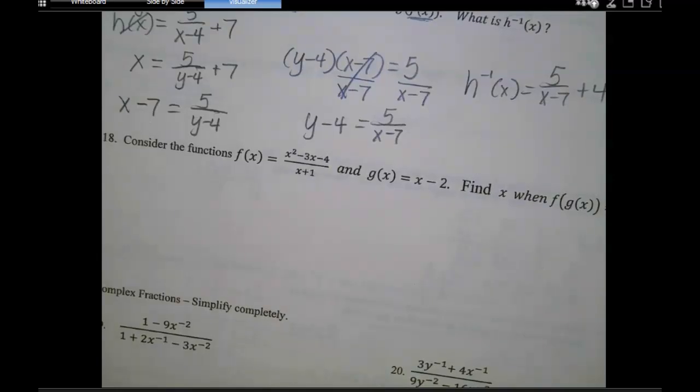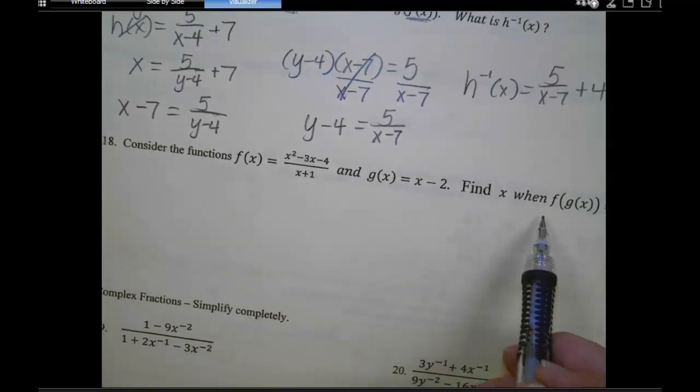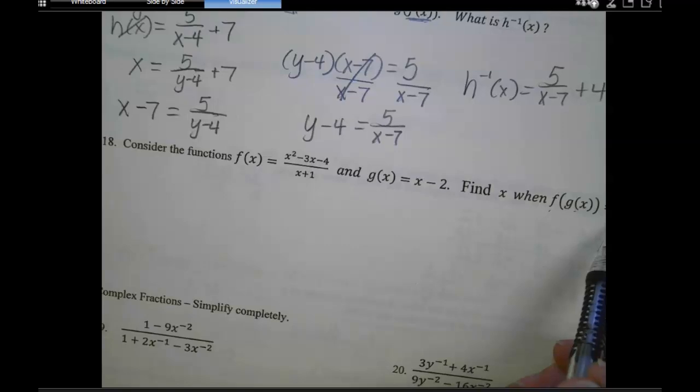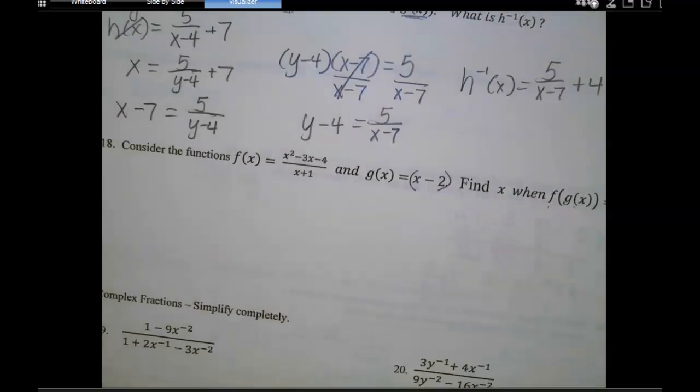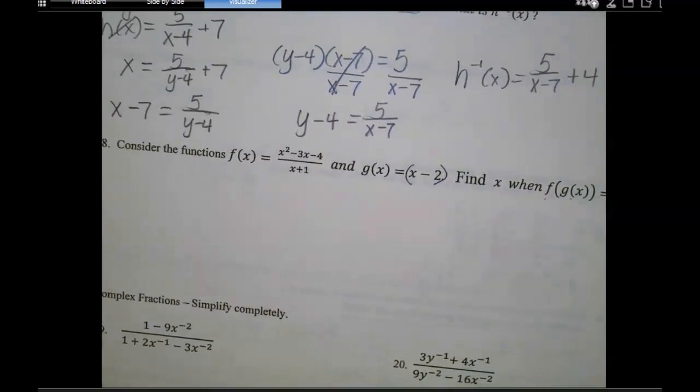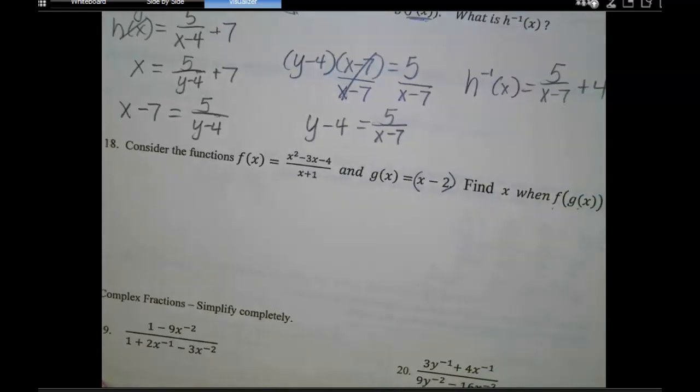No? Okay. All right. Look, I need to find f of g of x, and I want it to equal 0. So that means I have to take my g of x, and I have to put it wherever I see an x in my f of x, right?